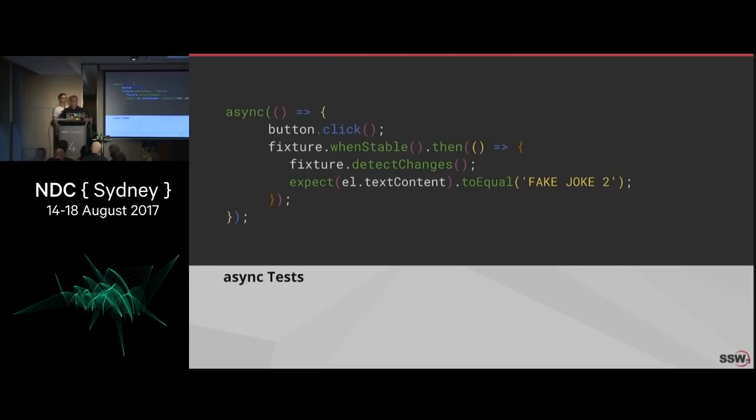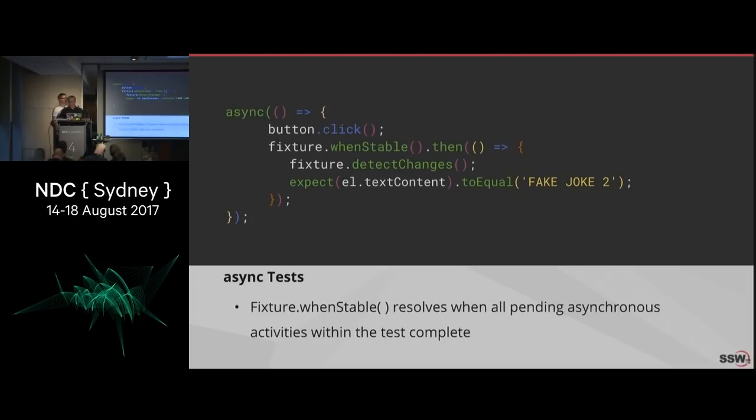So when I do something like a button click in the testing zone, I'm putting a micro task on the queue, and I can now use fixture.whenStable to know when all of the micro tasks have taken off the queue and all of the asynchronous operations have completed. So it's going to make our testing much easier. fixture.whenStable resolves when all pending asynchronous activities within the test complete. So it makes it much easier for testing async in our Angular apps.